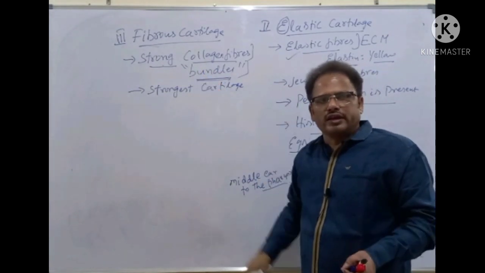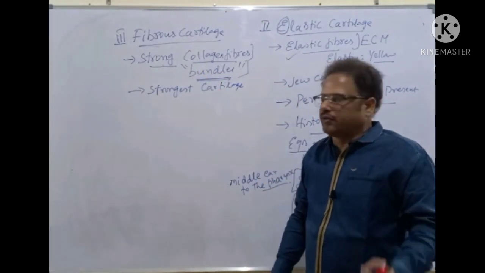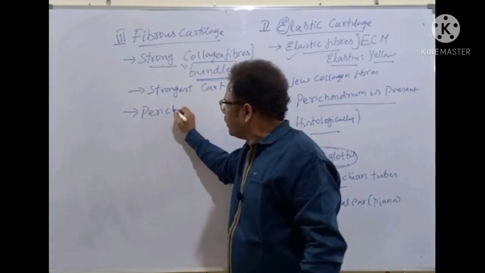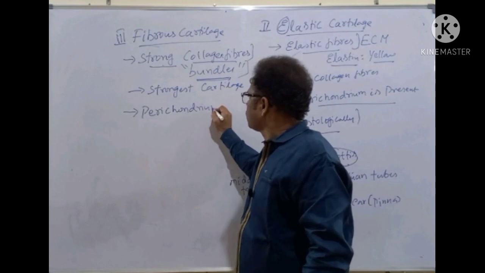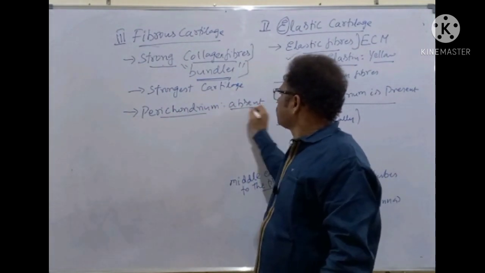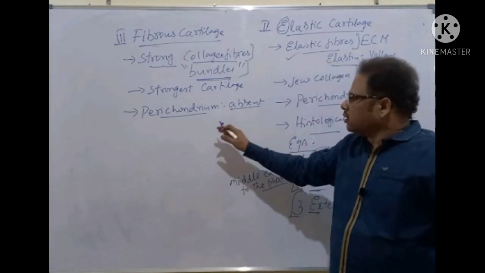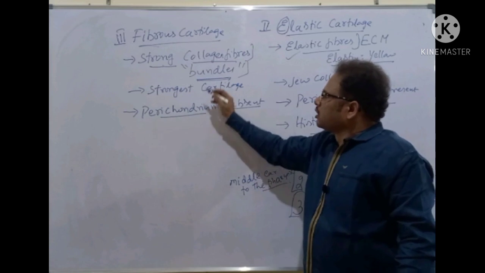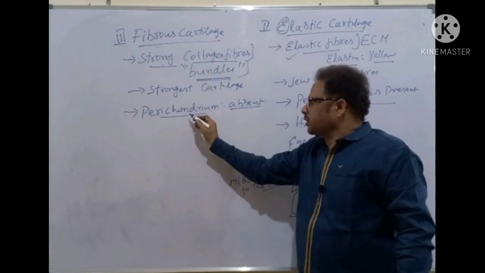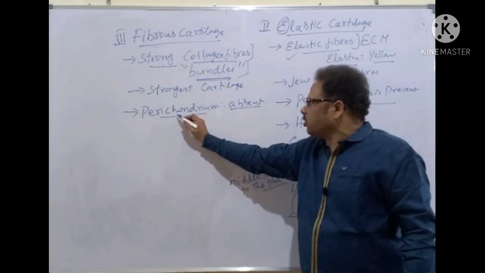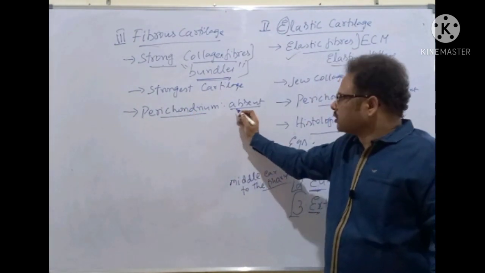In the hyaline cartilage, the perichondrium is present, but here the perichondrium is absent. Because the whole fibrous connective tissue is totally converted into the fibrous cartilage. That is why there is no room for the formation of the perichondrium. That's why here the perichondrium is absent. Clear, students?